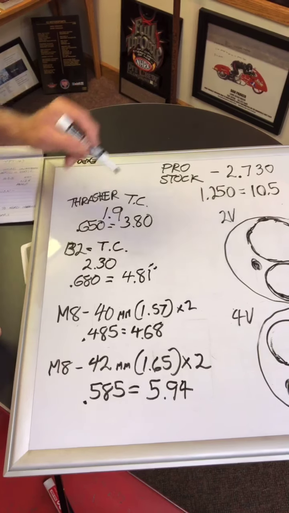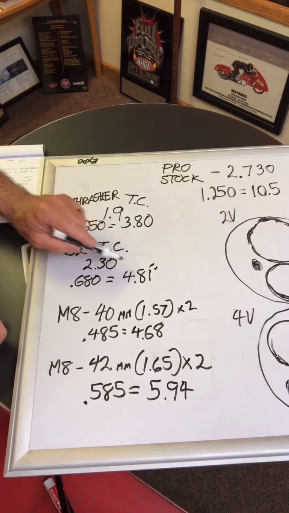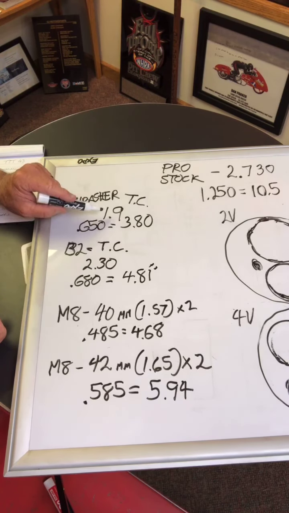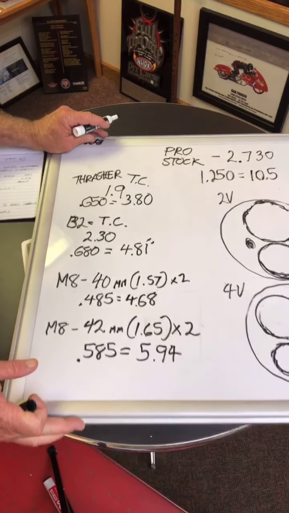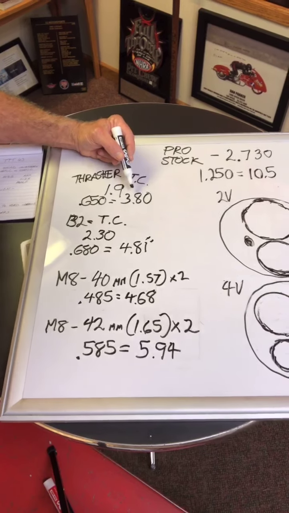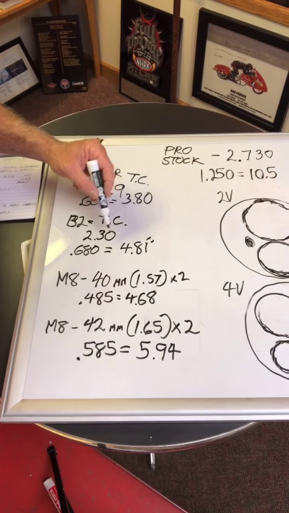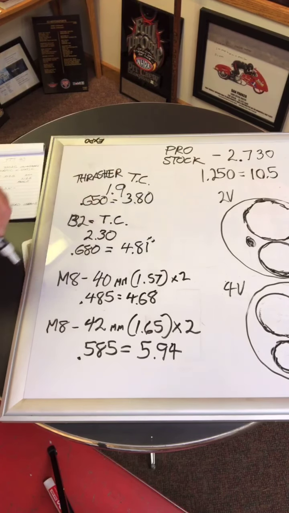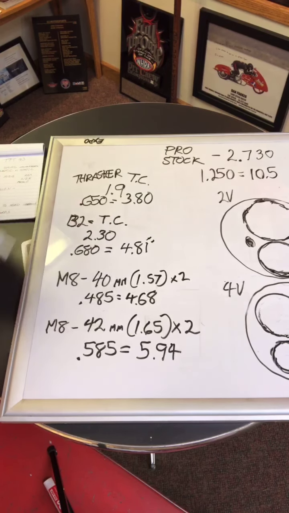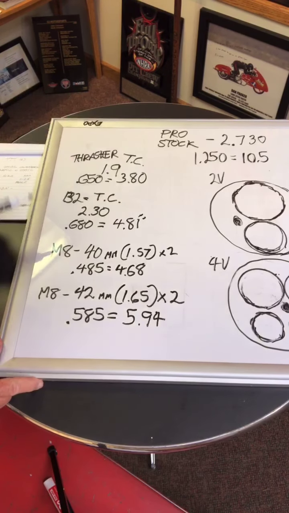So you can see that's why these make so much more power than these. They both fit on the same engine, but this one has 3.8 inches of curtain area, and this one has 4.8 inches of curtain area. Now let's go to a Milwaukee 8.